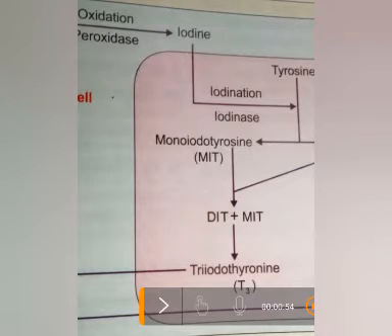Iodine is obtained through the diet, converted to iodide, and absorbed from the gastrointestinal tract. Tyrosine is also obtained through the diet.